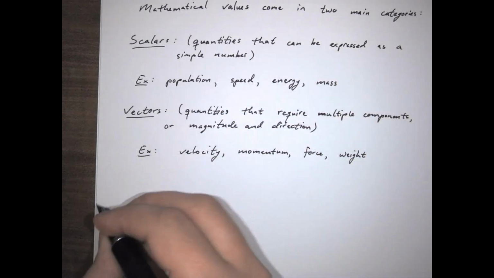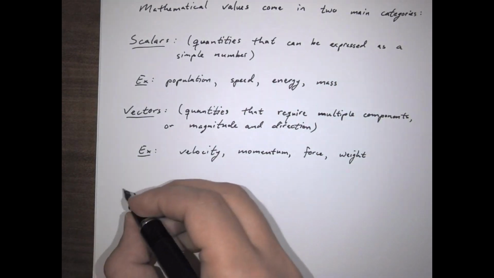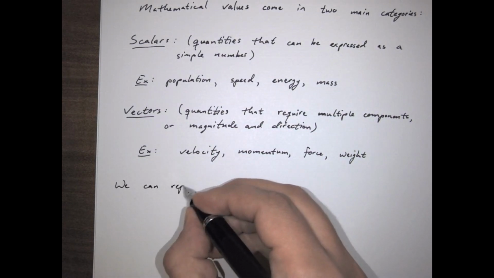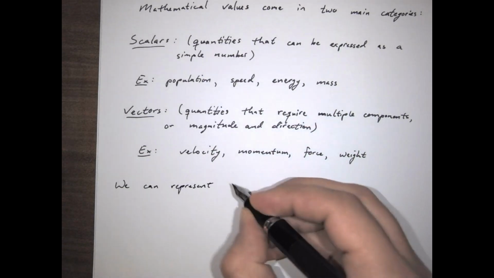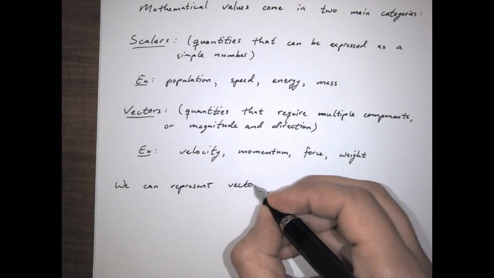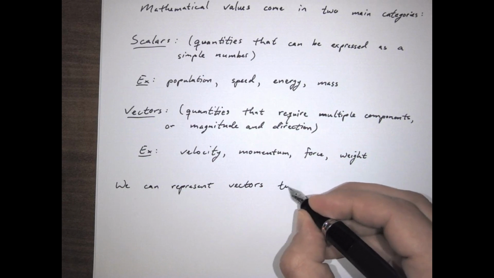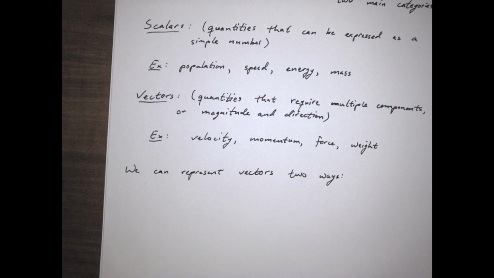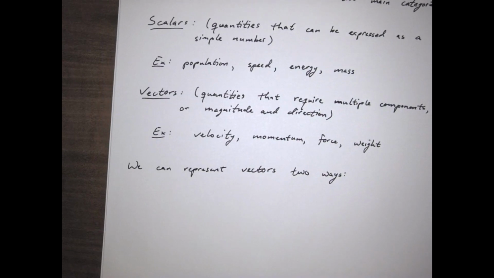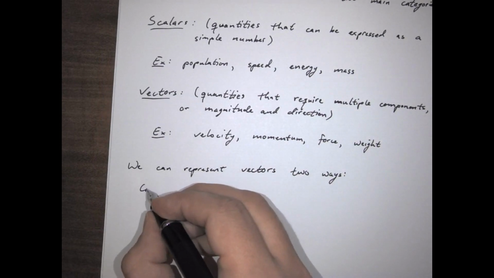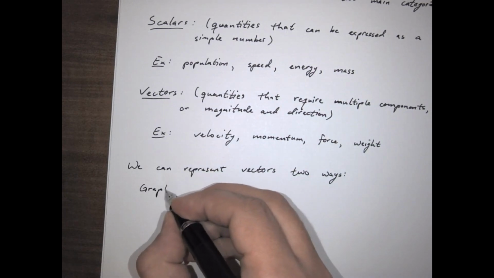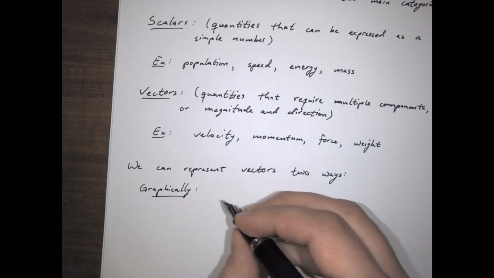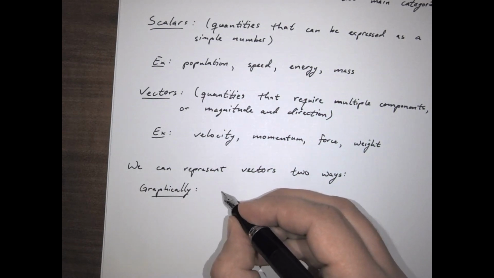All right. Now we can represent vectors two ways. So there is a graphical representation, and then there's an algebraic representation. So graphically, what we just do is draw an arrow.